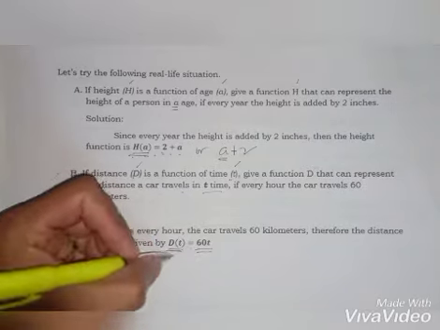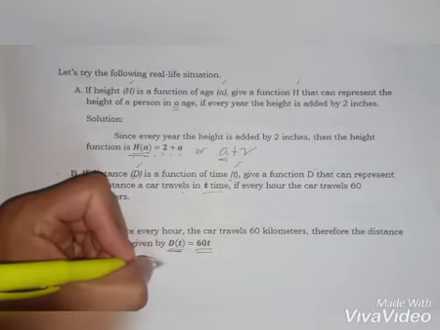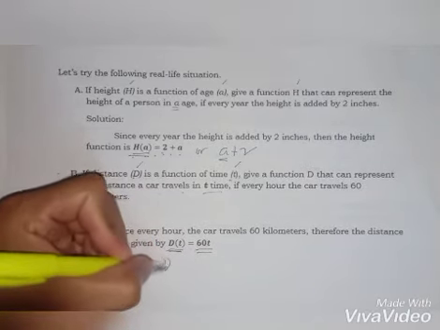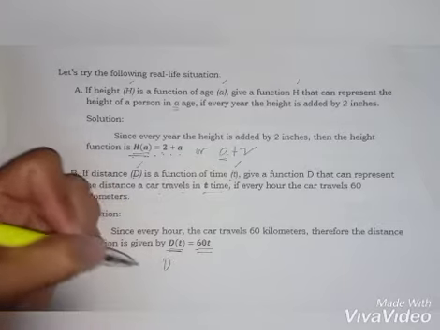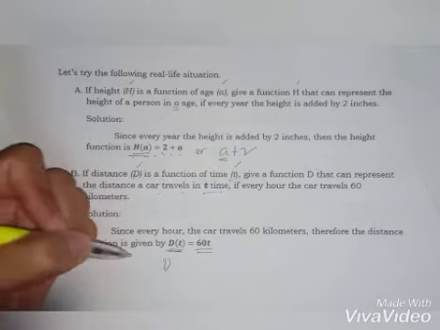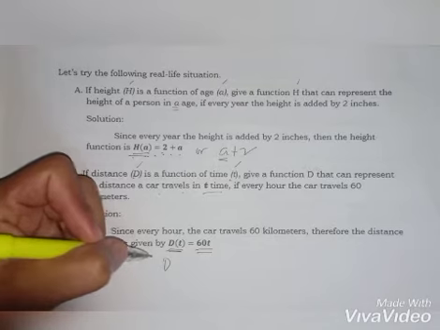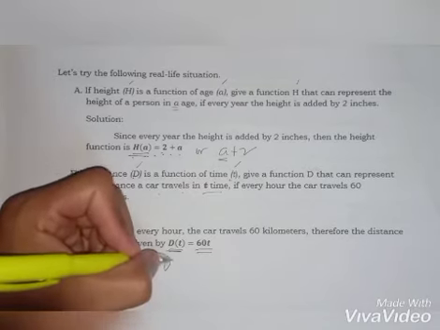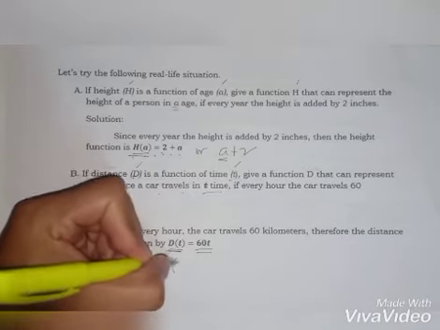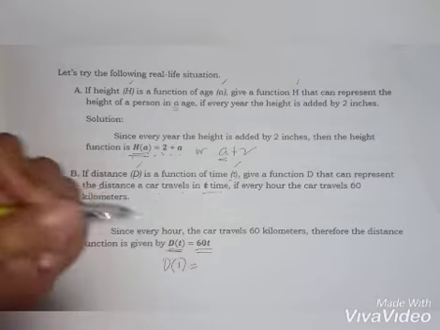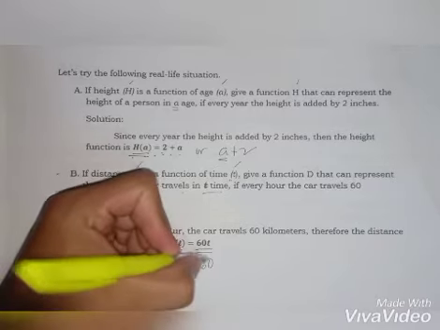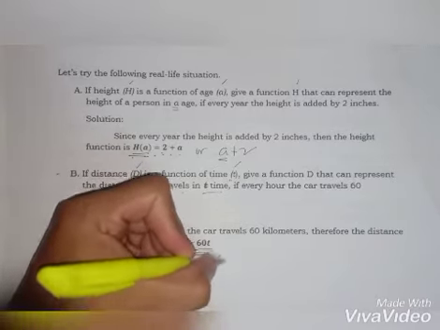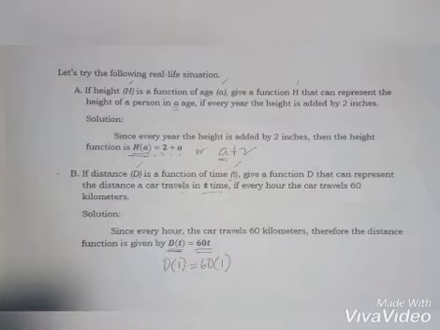So let's try to have an example for this. If you have d of t, let's say how many kilometers does a car travel given that the time is 1 hour. So you can simply have d of 1 is equal to 60 times 1.